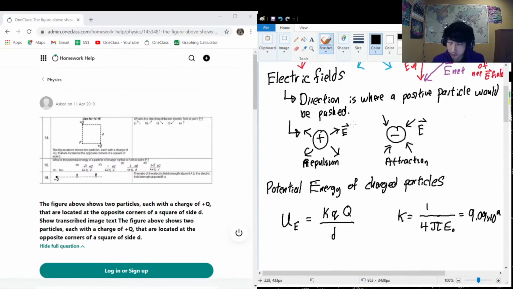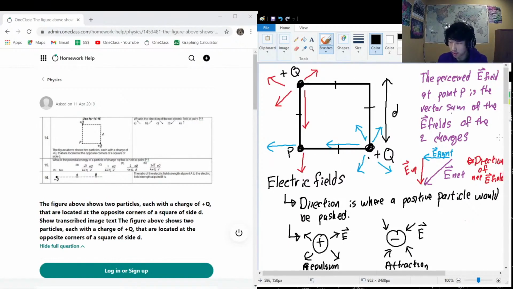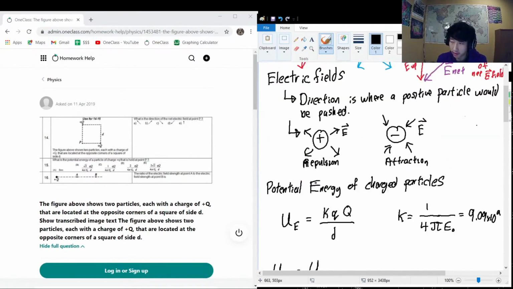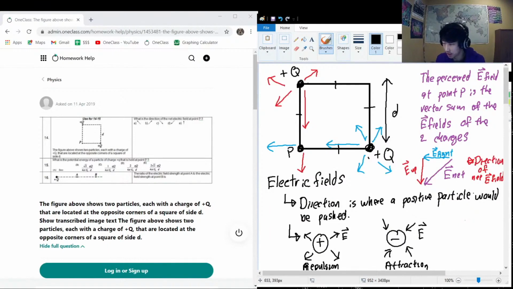So pretty much, when we want to find the net potential energy, U net is equal to U up, the one with the red arrows, plus U right, the one with the blue arrows associated with it.